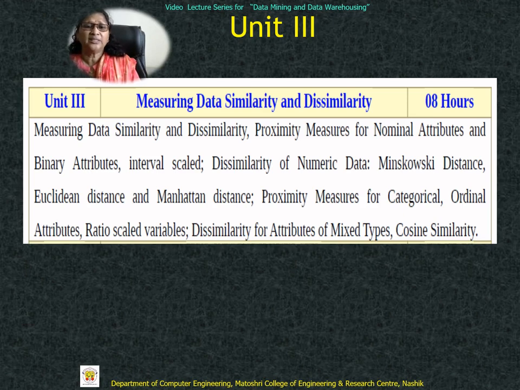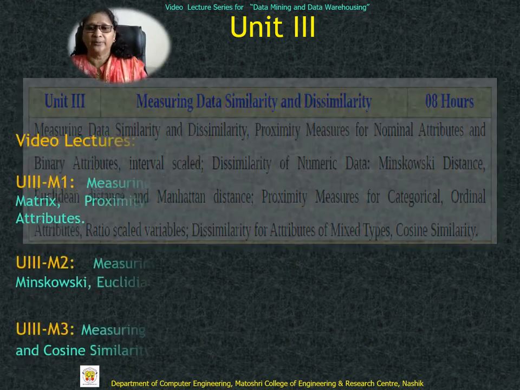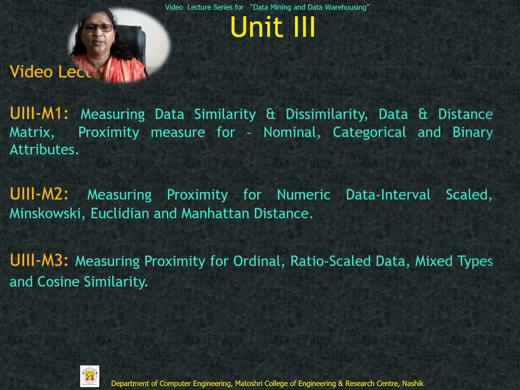Similarly, what are the dissimilarity measures for numeric data and its typical measures? We shall also learn how to measure similarity and dissimilarity for mixed types. And one of the commonly used similarity measures, cosine similarity, we are also going to learn in this particular unit.